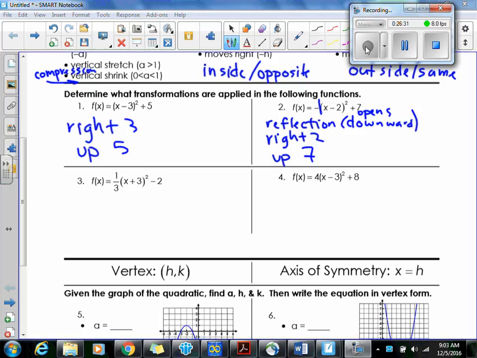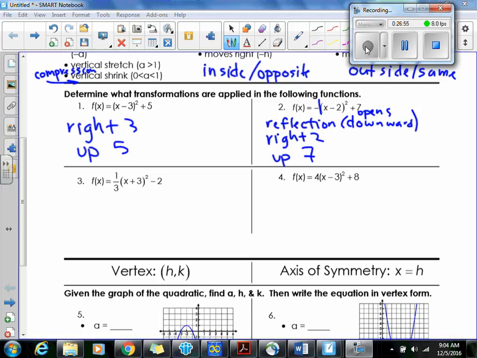All right. Hey, Aaron, for number 3, students, please give me your attention. Can you tell me what the 1/3 is, A, H, or K? It's A. Do you agree that it's A? Okay.